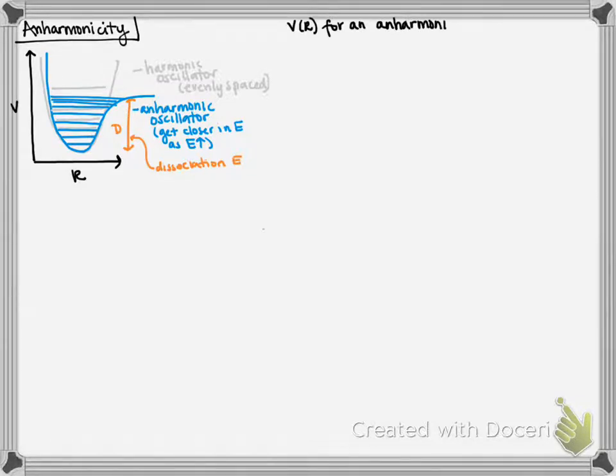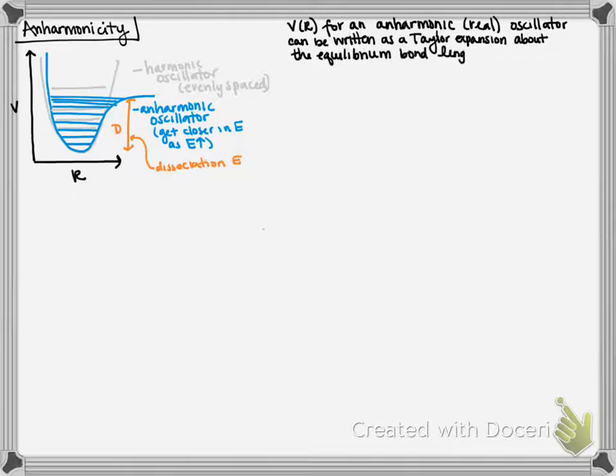And so if we think about an anharmonic oscillator, one way of getting to what we call a Morse potential or any other type of real anharmonic potential energy curve is to take our function for potential energy, V of R, for a real oscillator, and write it as a Taylor expansion about the equilibrium bond length, which we call R sub E. With our harmonic oscillator, we called this x equals 0.